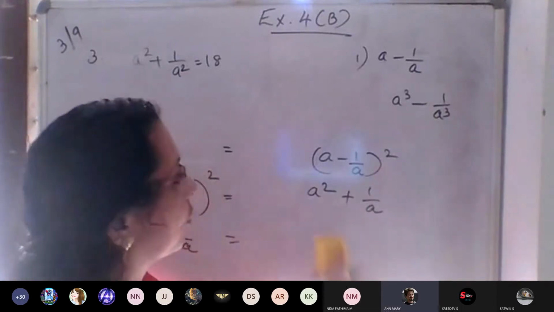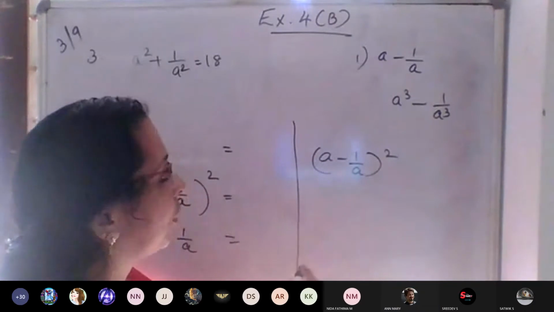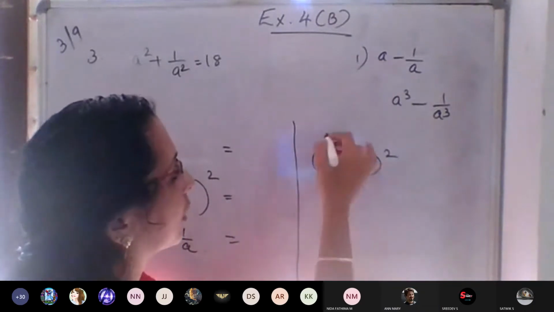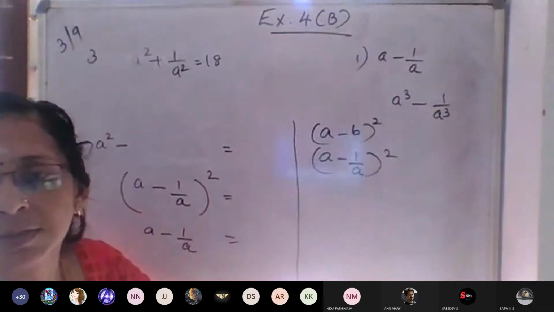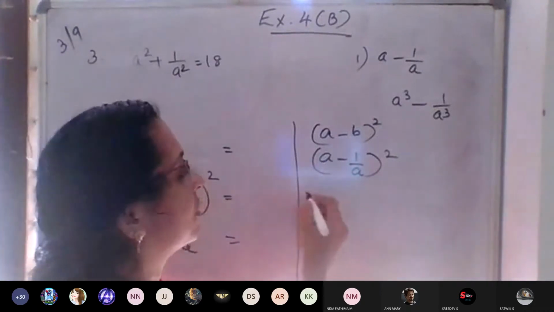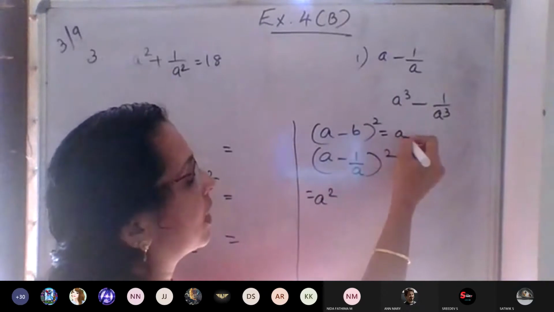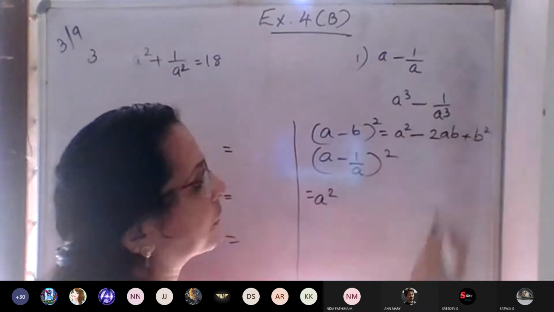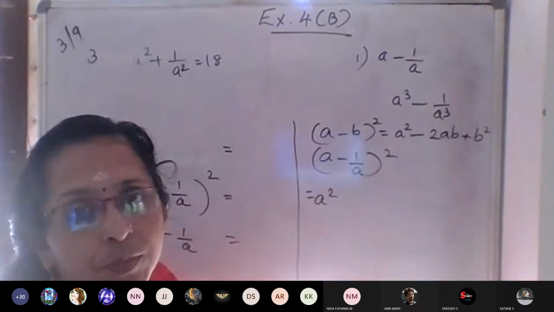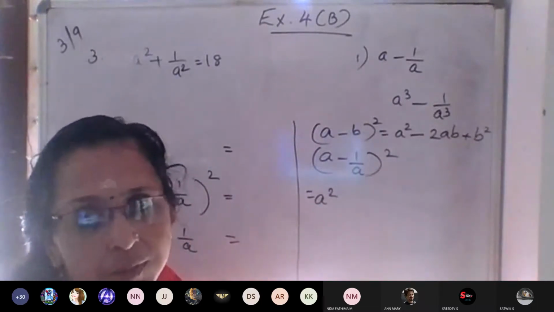Or if you don't want to study this formula, do that calculation in the working column, as I told you. This is in the form of a minus b whole square, which is equal to a square minus 2ab plus b square. Here a stands for a, b stands for 1 by a.